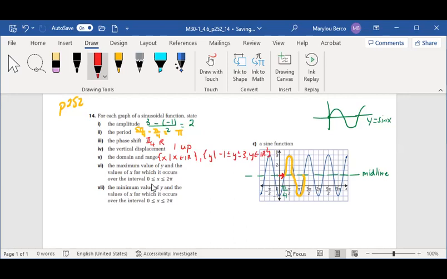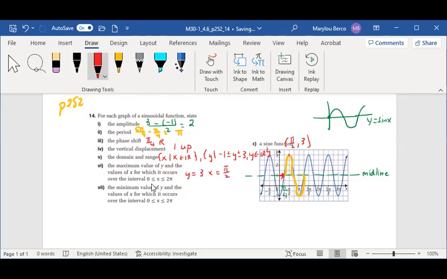The maximum value of y and x between 0 and 2 pi will occur right here, where x is equal to pi over 2 and y is 3. So y equals 3, x equals pi over 2.